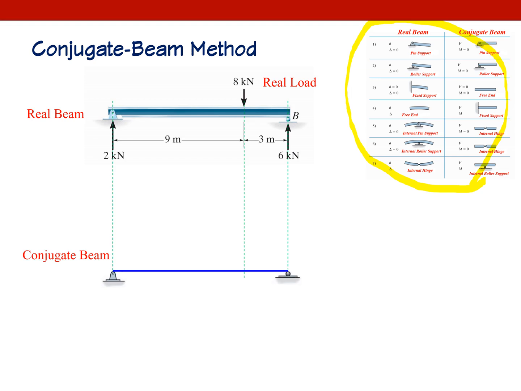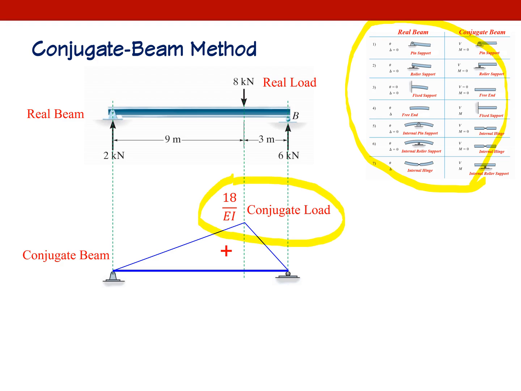Okay, then the M over EI diagram. The M over EI diagram is again the same shape as the moment diagram, and we are going to divide it by EI. That is my conjugate load, so that I have a conjugate beam with conjugate load, which is moment divided by EI.